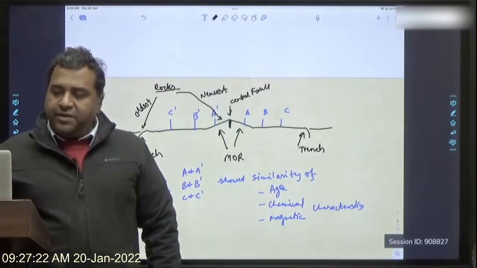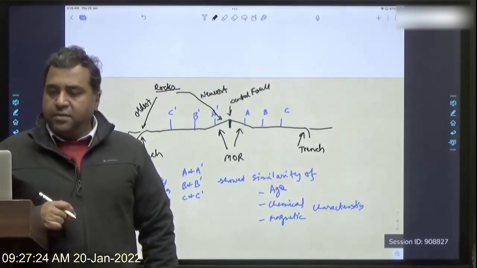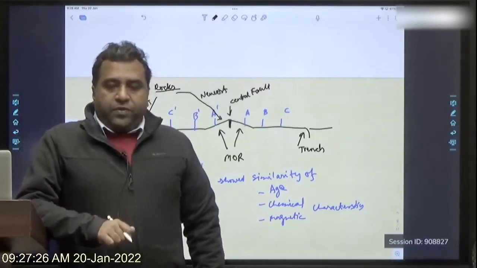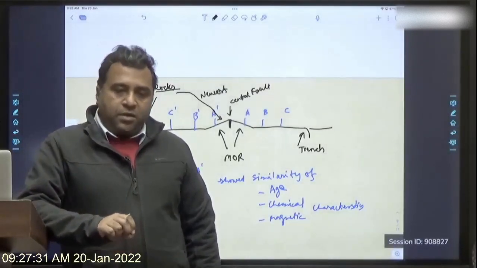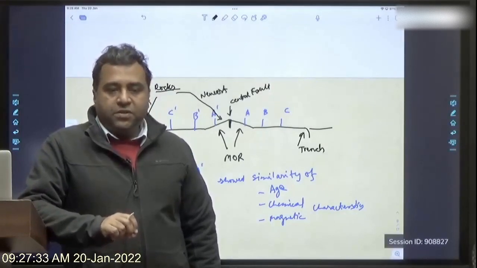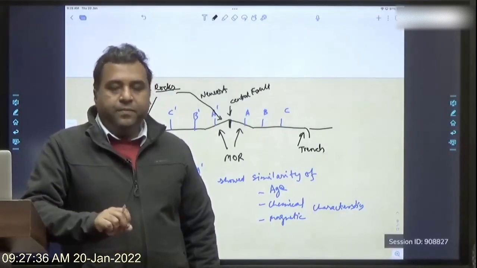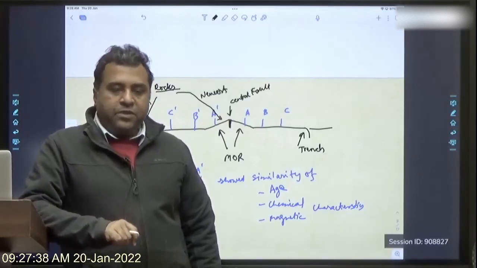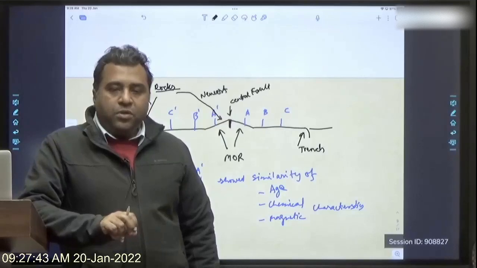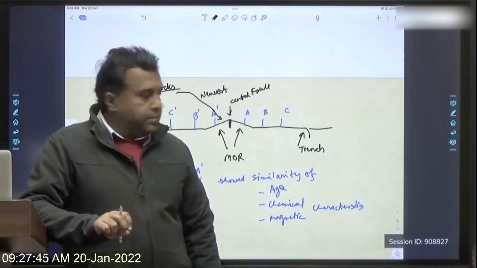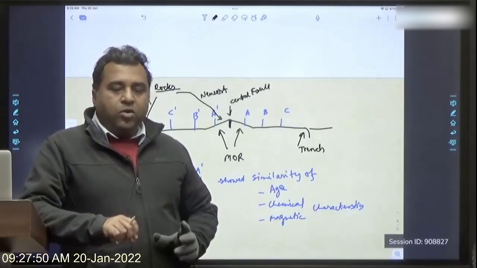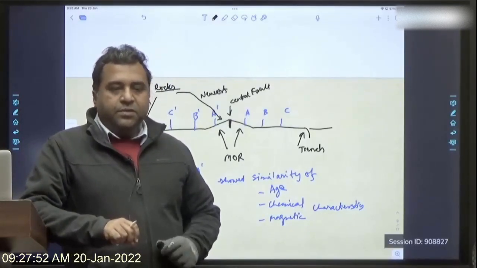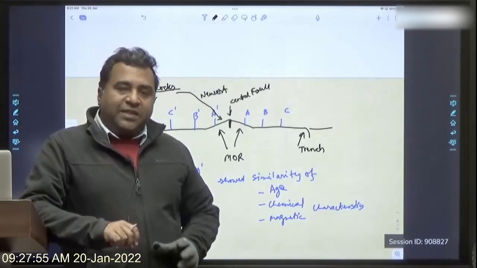Right. Then next characteristic. We also found that earthquakes were continuously occurring along the MORs, mid-oceanic ridges, but these were relatively shallow focused.